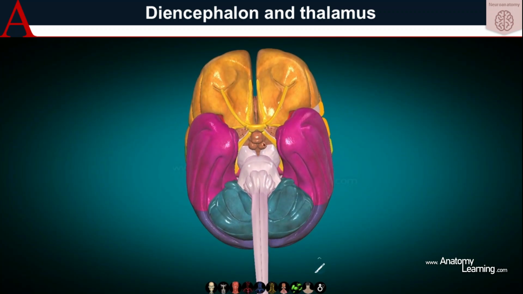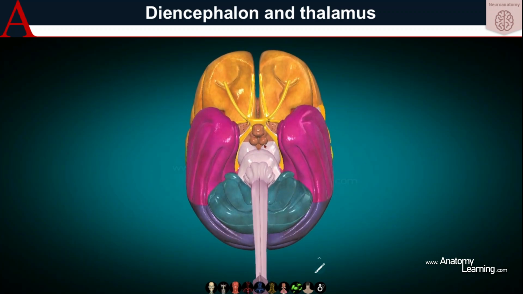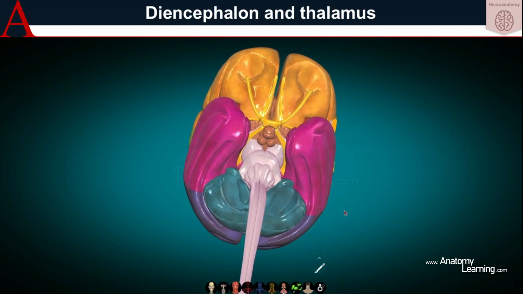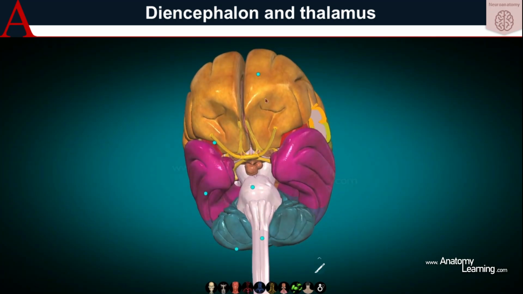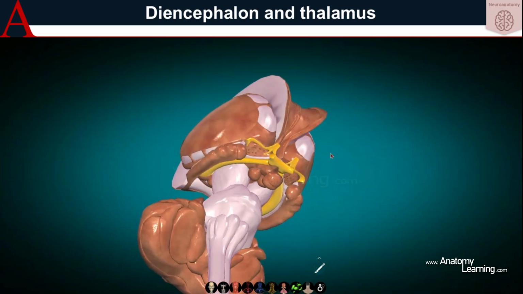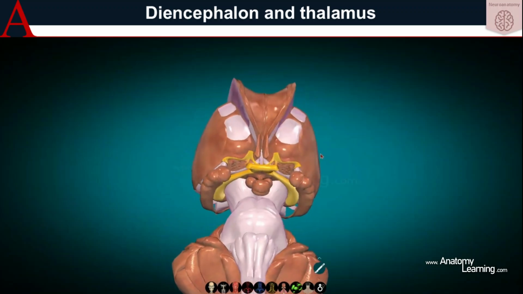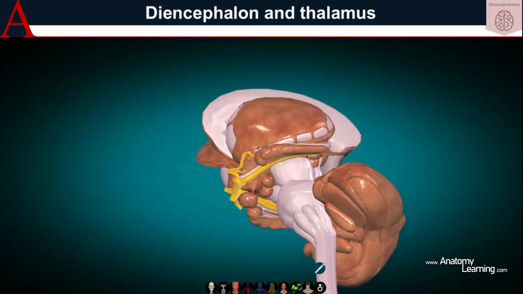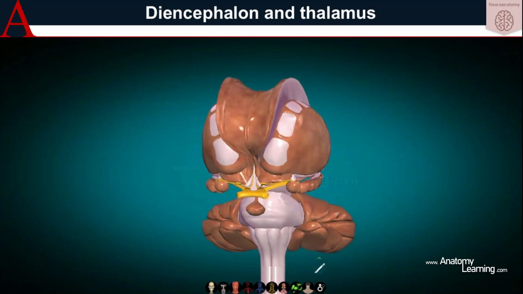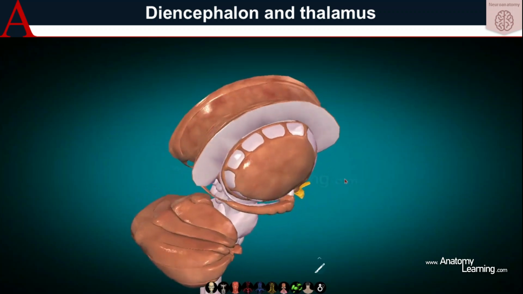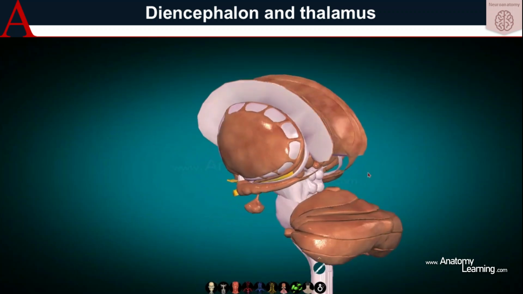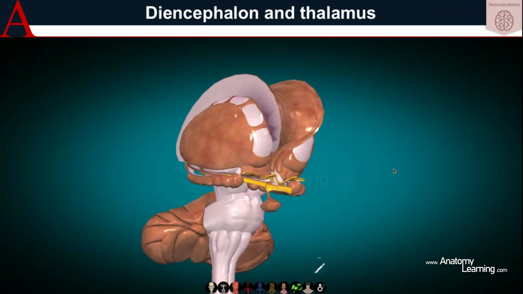The mammillary bodies, namely symmetric projections located in front of the interpeduncular fossa, between the cerebral peduncles. The subthalamus, located in the inferior part of the diencephalon, serves as a transition area between the mesencephalon and the diencephalon. However, being a boundary area, it has no clear demarcation limits.